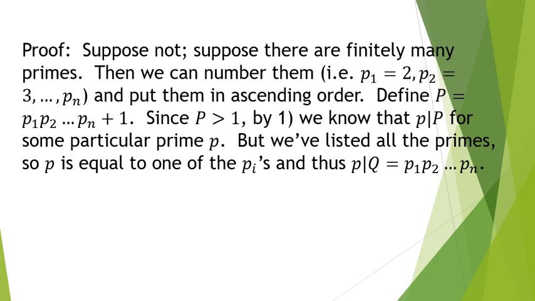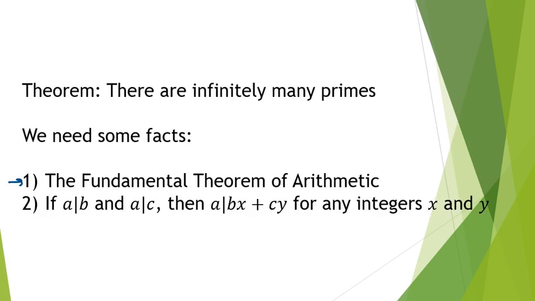Well, we said if A divides B and A divides C, then for any integers x and y whatsoever, A divides Bx plus Cy. So since this is true for any choice of x and any choice of y, as long as they are whole numbers, I can choose them to be whatever I want them to be.